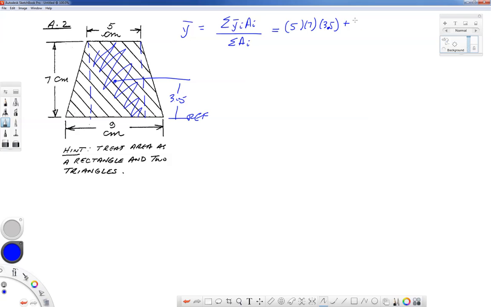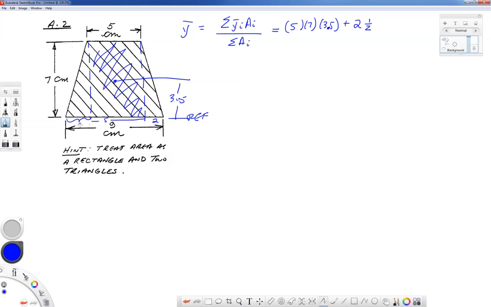I'm going to have 2 triangles, so I'm going to put the number 2 right here. And each triangle has an area of 1/2 the base. Okay, well, the entire distance from here to here is 5, and the total distance is 9.